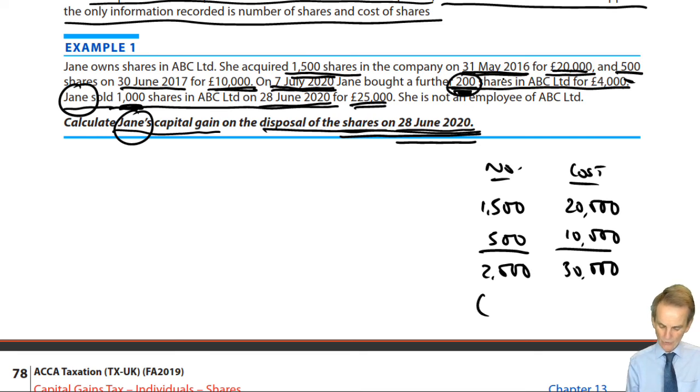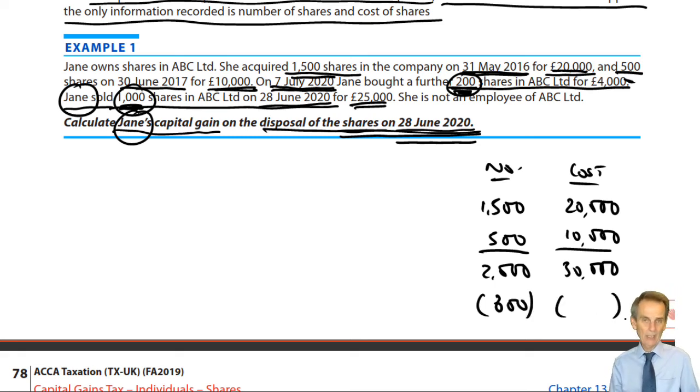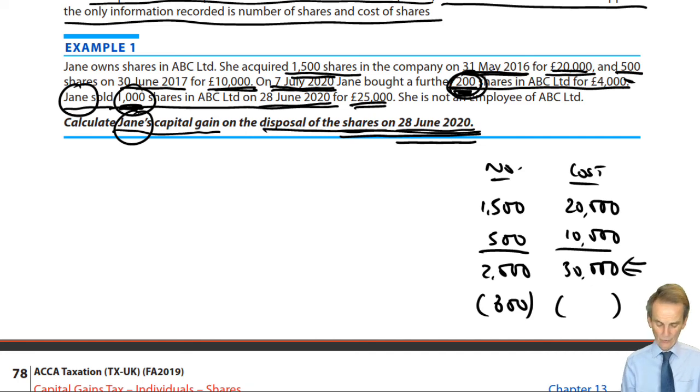Well, 200 were those acquired in the following 30 days out of 1,000, so it's going to be 800 of these shares that will be sold, and with it we'll take 800 over 2,000, 8/20ths of our cost figure there. We'll work it on an average cost basis. And we do that after having dealt with these first 200 shares.